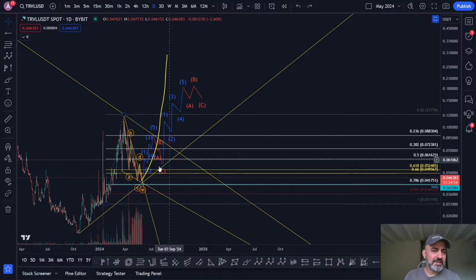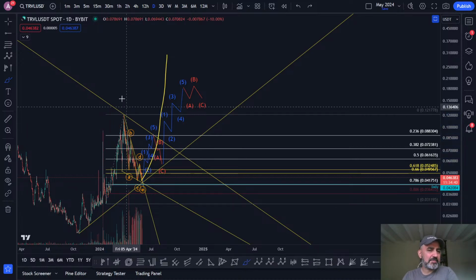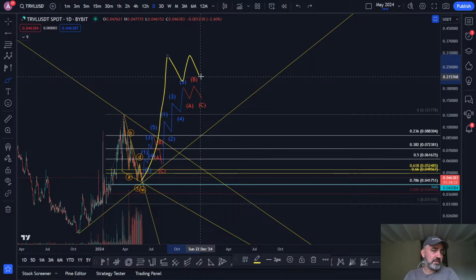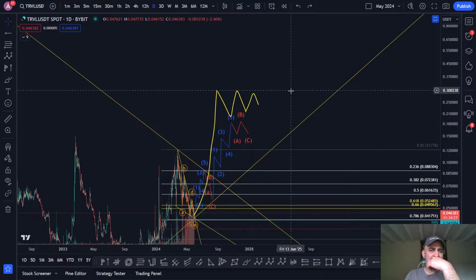The reason why is because here it's been quite deep, from here to here. This is quite a deep correction. So maybe here I'll be looking for something a little bit flatter. And that could prolong for a while. Effectively the same thing, lots of ABCs.